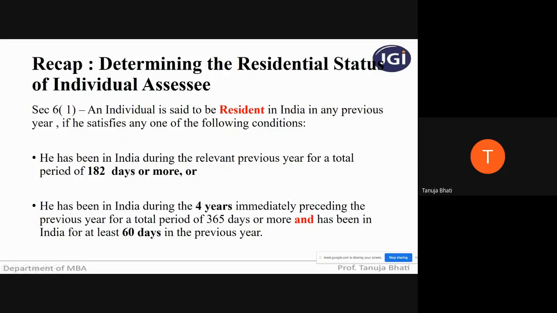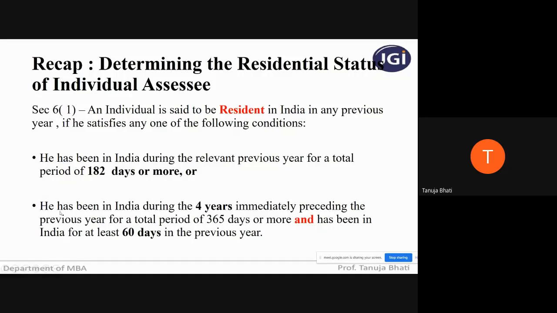A quick revision of the conditions. The first condition is that he has been in India during the relevant previous year, which is the year immediately preceding the assessment year, for a total period of 182 days or more. This is one condition.